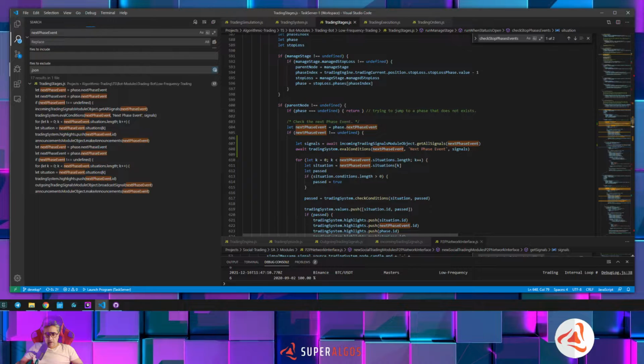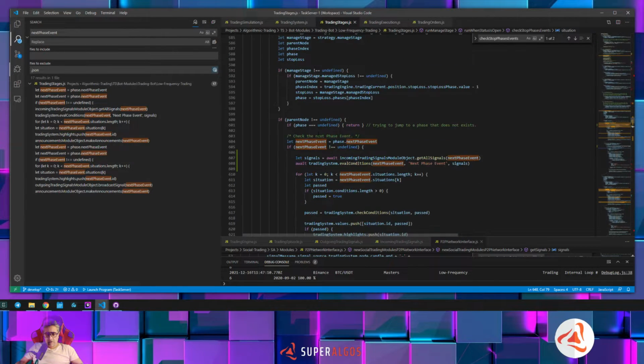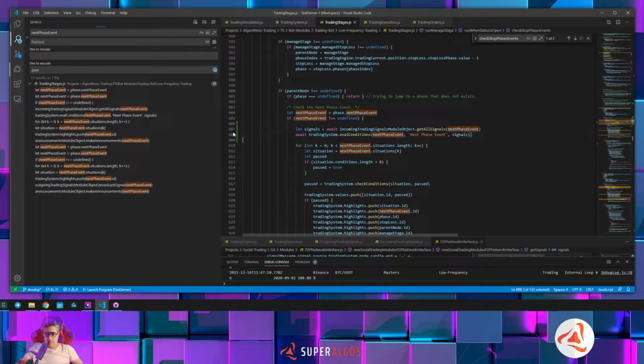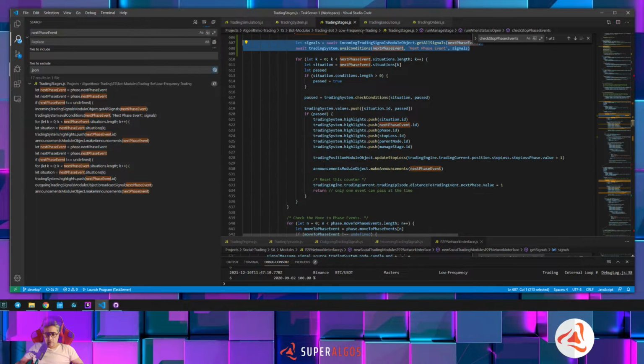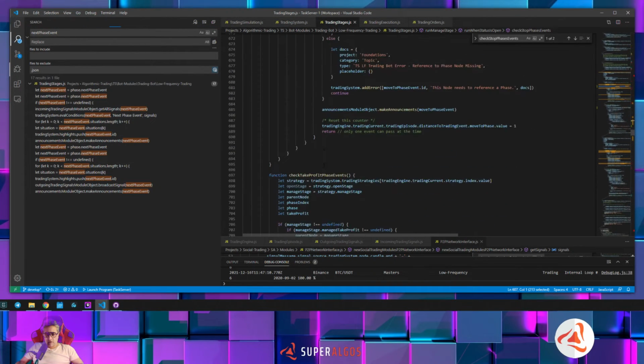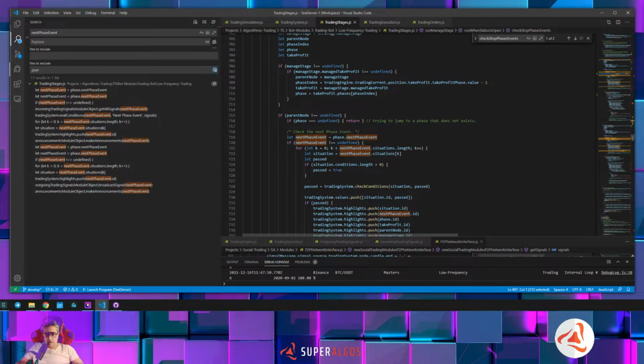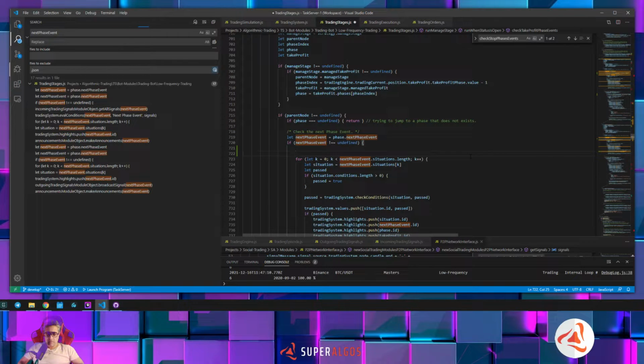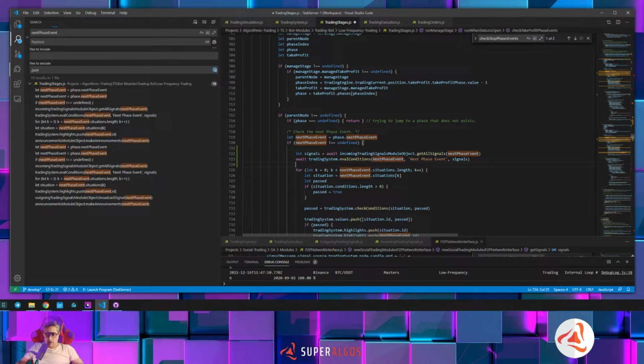Okay, so this is, we are inside check stop phases, and we're going to do the same for take profit phases. So this is going to happen here. Next phase event, next phase event, next phase event.